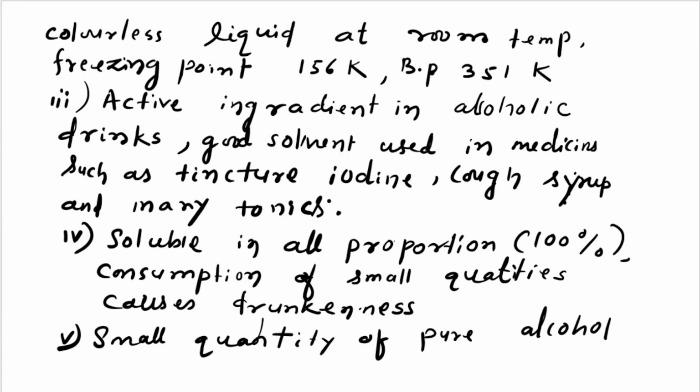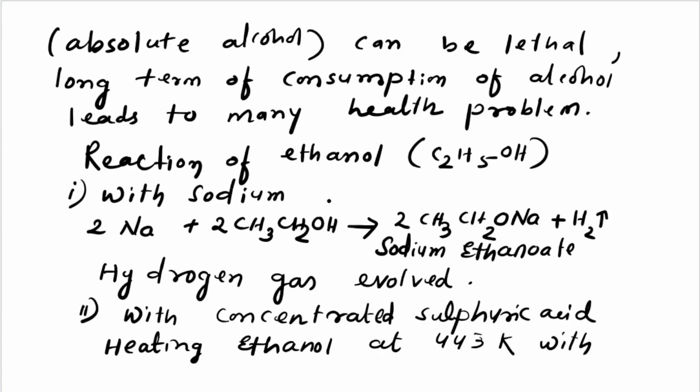In medicine it is used in tincture of iodine, cough syrup and many tonics. A small quantity of pure alcohol, called absolute alcohol, which is 100% pure, can be lethal and cause health problems.